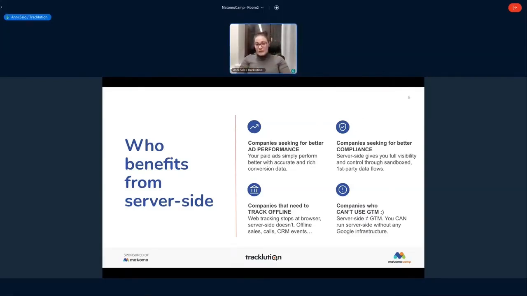Companies that are seeking better compliance. Server-side tracking, as I also explained before, gives you full transparency on what is being tracked, how the data is being processed, and what is being delivered forward. It gives you full control on what you want to share with third parties.